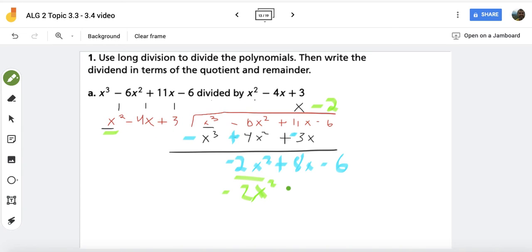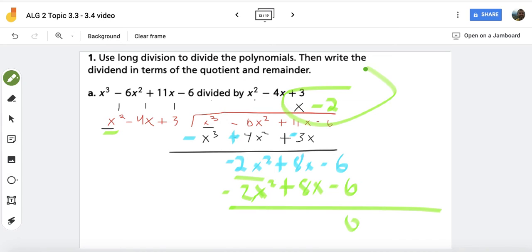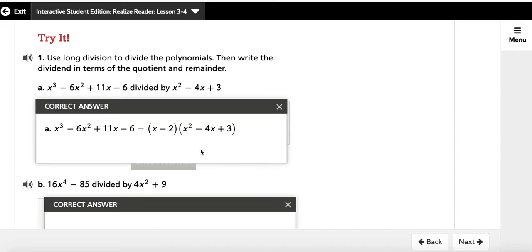Negative 2 times negative 4x is positive 8x. And negative 2 times 3 is negative 6. And when it ends up being exactly the same, when I subtract, I'm going to come out to 0, so there's no remainder. So that's how they got negative 2 as the multiplier right here, because they showed their answer as multiplying the two factors.